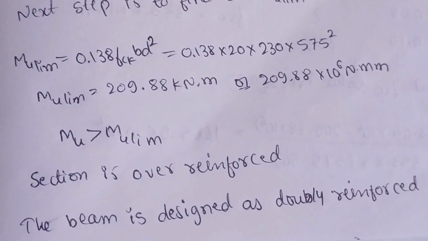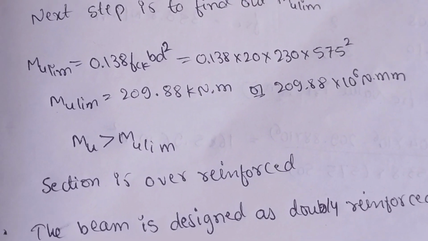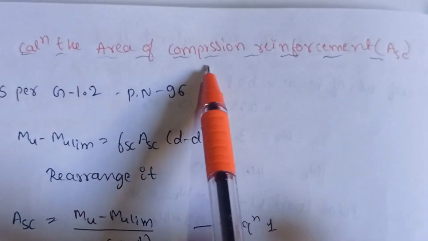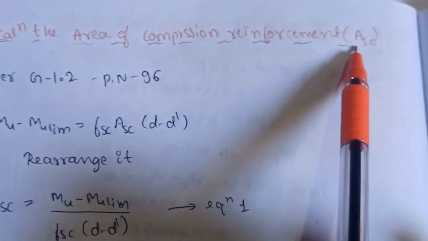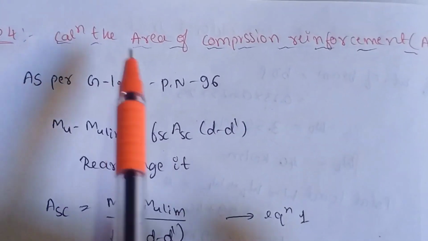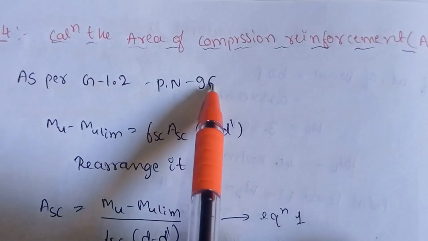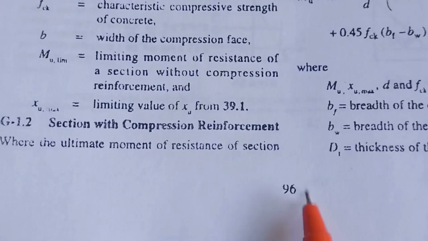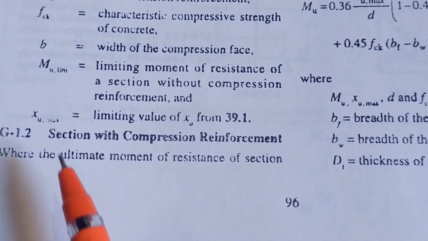So the next step is to calculate the area of compression reinforcement and tension reinforcement. Step 4 is the calculation of the area of compression reinforcement, that is denoted as ASC. For this, we'll refer to G 1.2, page number 96 of your code book IS 456:2000.